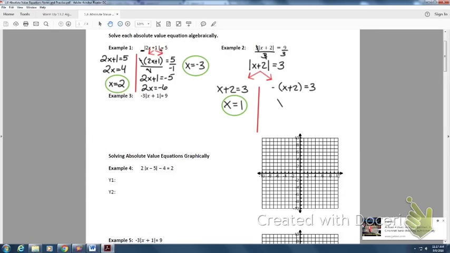You would get positive 1 and negative 5. Looking at example 3, what's the first thing I would need to do? Divide by negative 3.